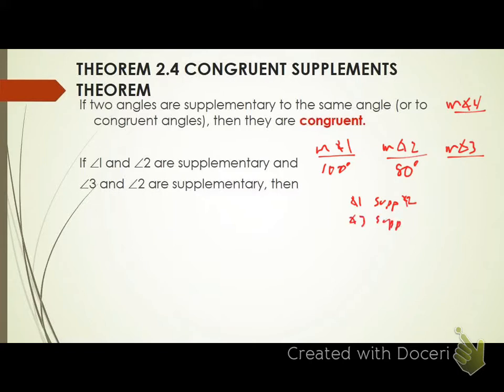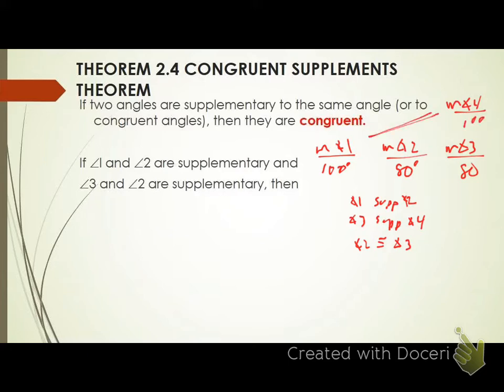And then as long as we also know that angle 2 and angle 3 are congruent, then we can make a link here too. These guys are supplementary, so we're going to keep the same angle measures here. We know these guys are too, but more importantly, we know that 2 and 3 are congruent. So what's 3 going to be? 80. And since 3 and 4 are supplementary, what's 4 going to be? 100.